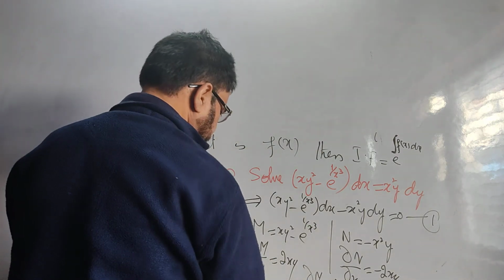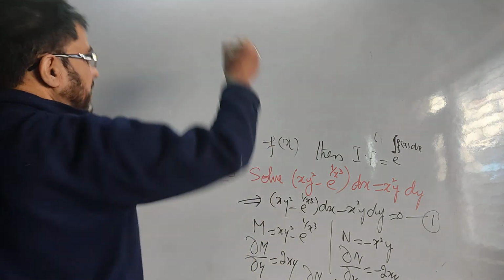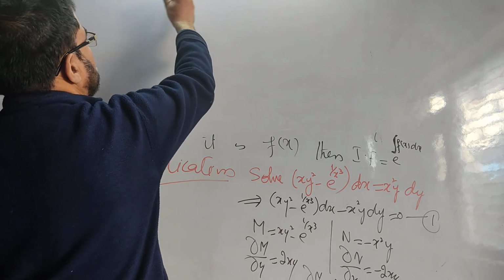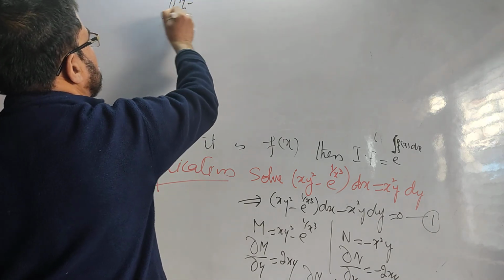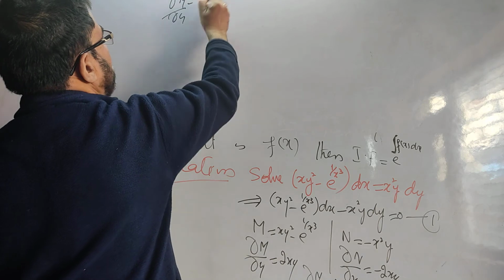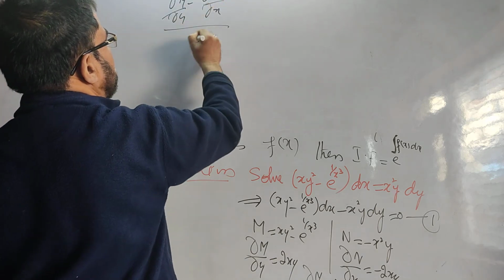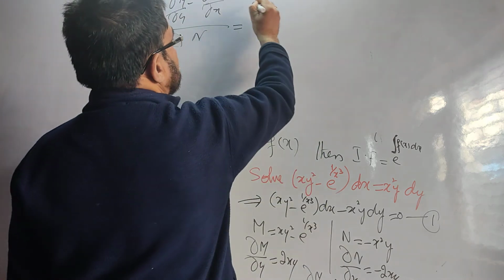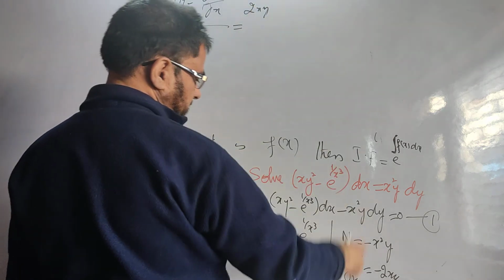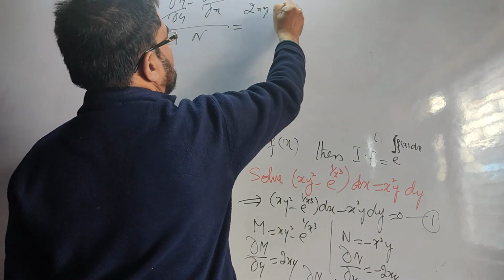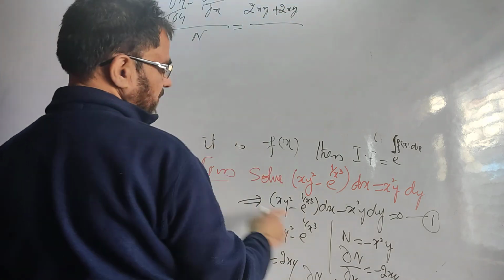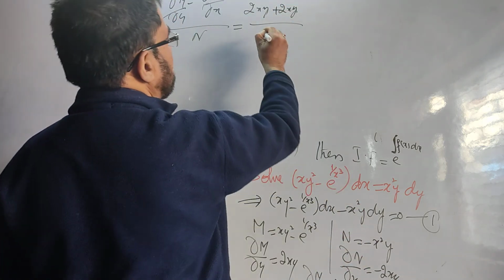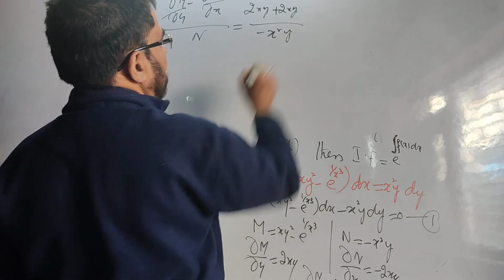What about partial of M with respect to y minus partial of N with respect to x by N? This gives you 2xy, that is already minus, it will become plus 2xy by N, which is minus x square y.